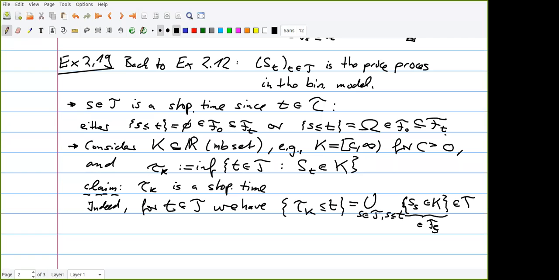And again, by the increasing property, this is in F_t.